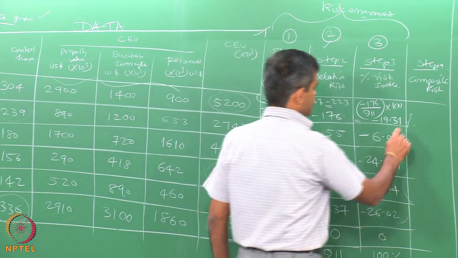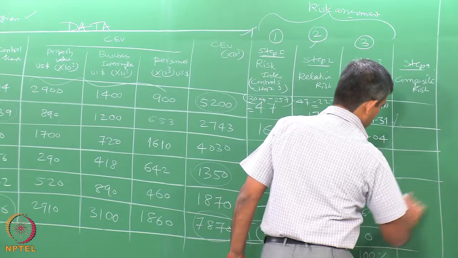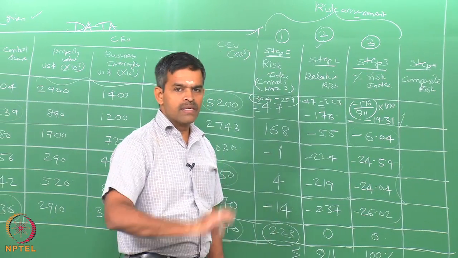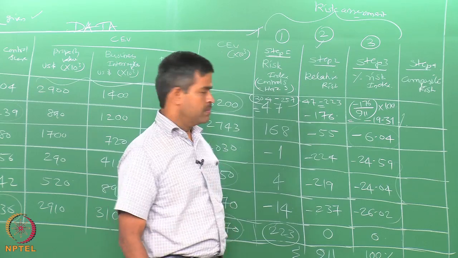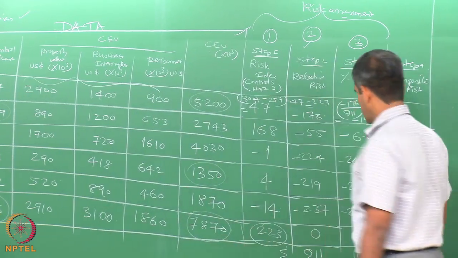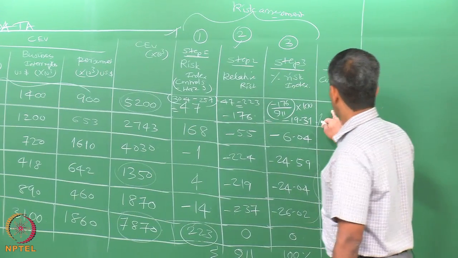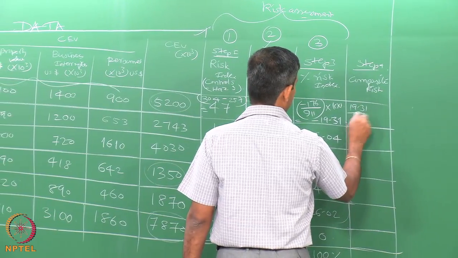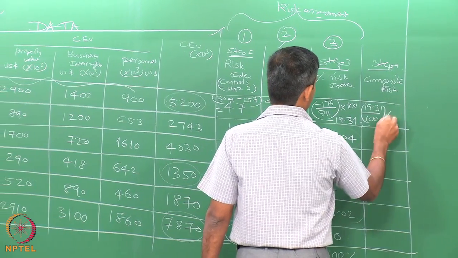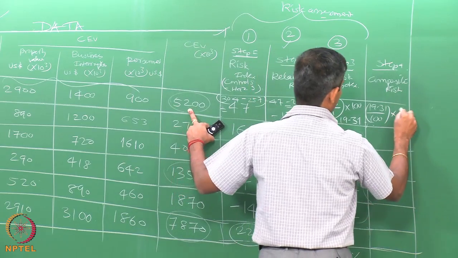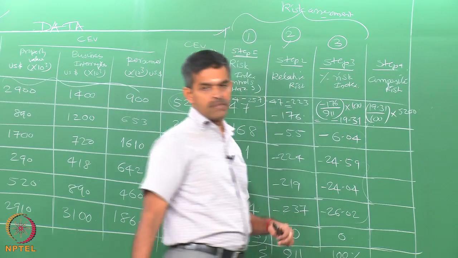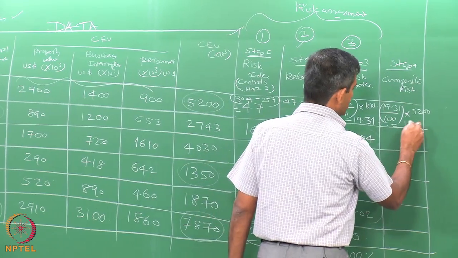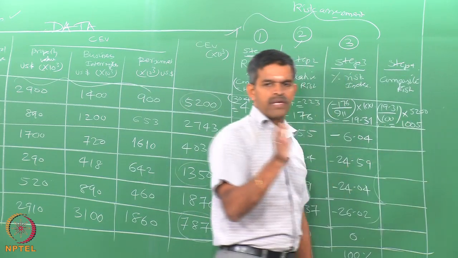So, forget about the negative figure, it indicates it is at risk compared to the base department, okay? All are negative, you can see here except this, right. So, this figure is now going to be 19.31 by 100, because that is a percentage, multiplied by 5200, is that right? So, if you work out, I will get 1005, rounded off to the nearest possible number.